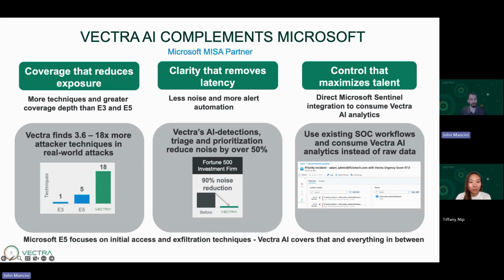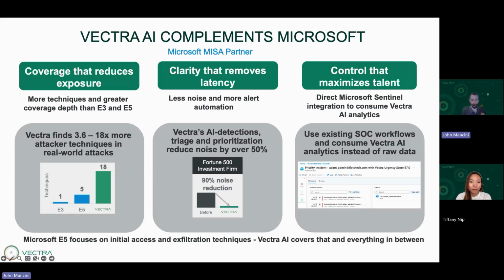We've seen, and I'll talk about it in a little bit, that if you run an attack simulation of one of these ransomware gangs that are out there, of what they do when they attack Entra ID or M365, Vectra can find significantly more of that attack with a lot more visibility, which allows a defender to stop that threat actor before they progress through.